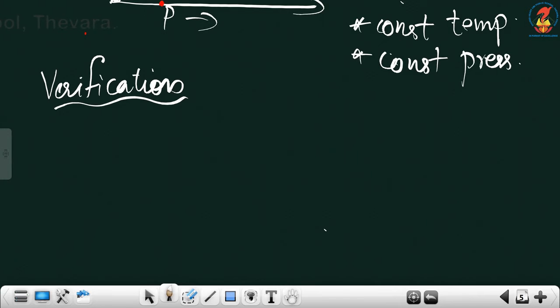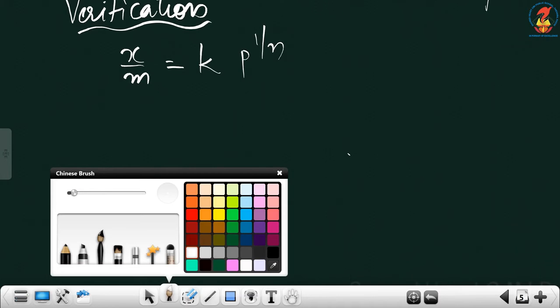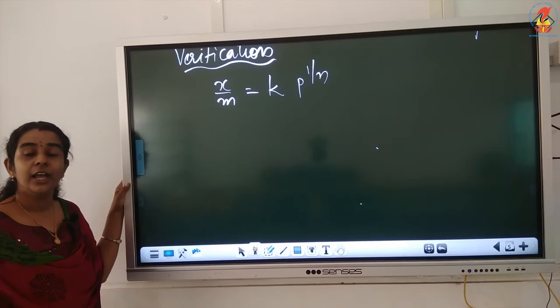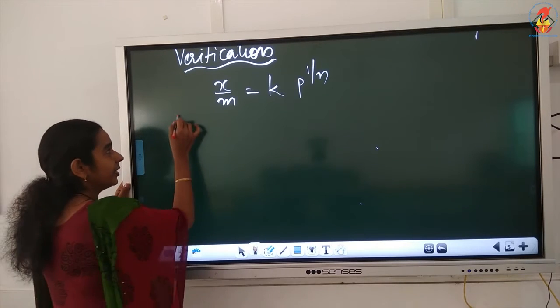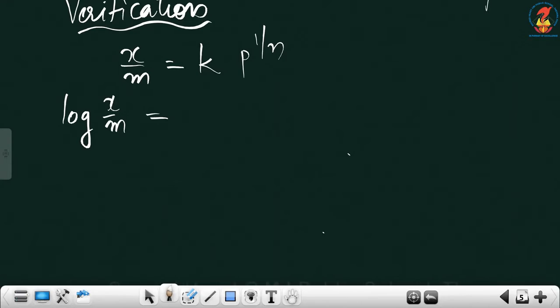In order to verify this equation, once again I am writing this equation as x by m is equal to k into p raised to 1 by n. Now take log on both sides of this equation. So log x by m is equal to log of k into p raised to 1 by n.